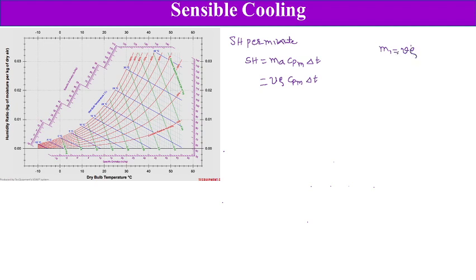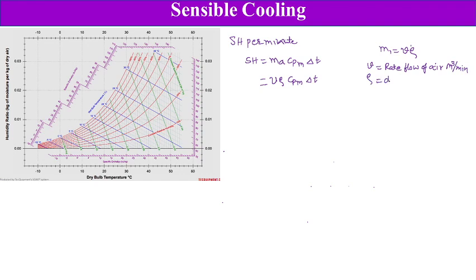So this is nothing but volume flow per unit time. So where small v is rate of airflow, rate of flow of air here in meter cube per minute, and rho is density of moist air.